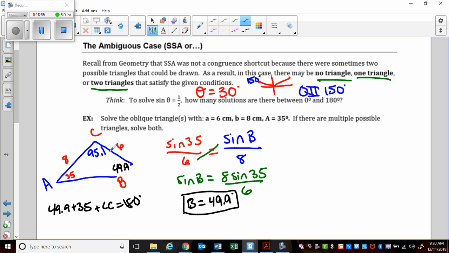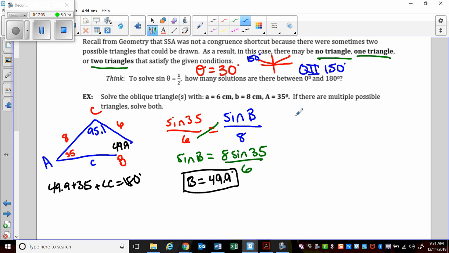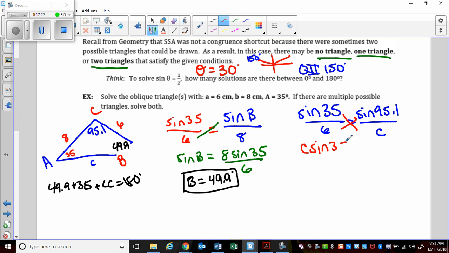Okay, now I can find side C. I can find this little c over here. I know that sine of 35 over 6 equals sine of 95.1 over c. We're going to cross multiply. c sine 35 equals 6 sine 95.1.